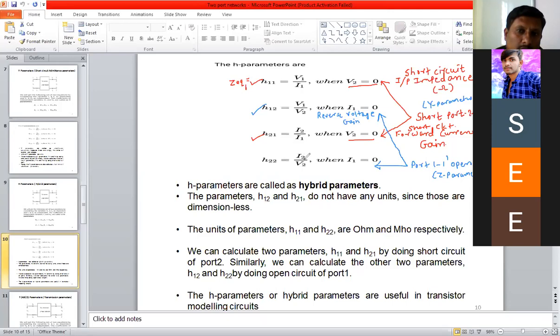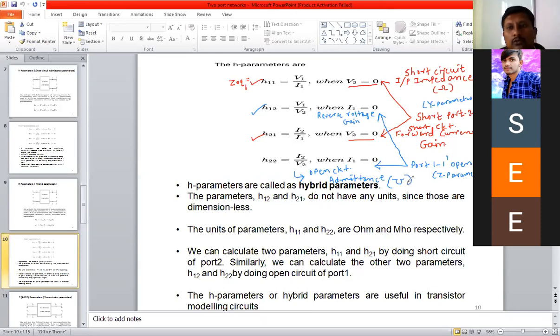So H22 is equal to I2 upon V2. याला नाव काय? Admittance. Yes, open circuit admittance. So H22 is open circuit admittance. ह्याला unit असणार आहे mho.